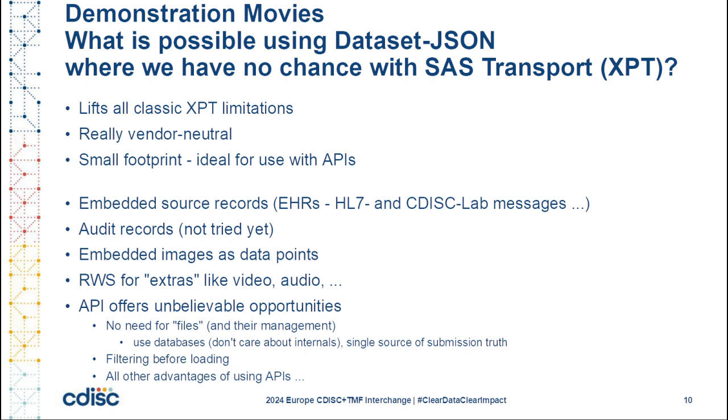It is also easy to embed images as source data points and to reference video materials such as EMRs and retrieve them through a RESTful web service. With Dataset-JSON, we essentially do not need files anymore, though we can still use them, as we can retrieve everything through the use of APIs and RESTful web services, and even do filtering on the fly.